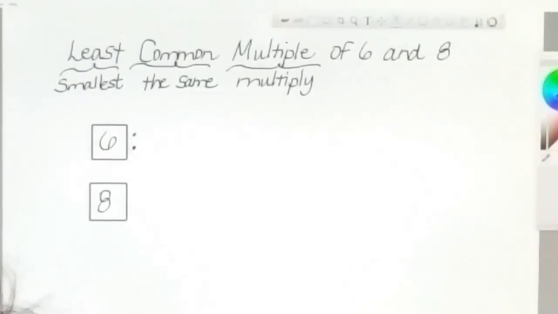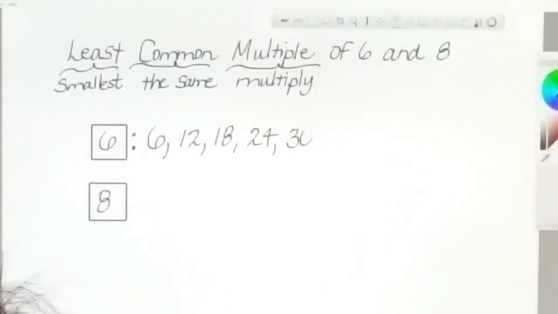And then I simply start listing the multiples of 6. 6 times 1, 6 times 2, 6 times 3, 6 times 4, 6 times 5, 6 times 6, 6 times 7, and 6 times 8.